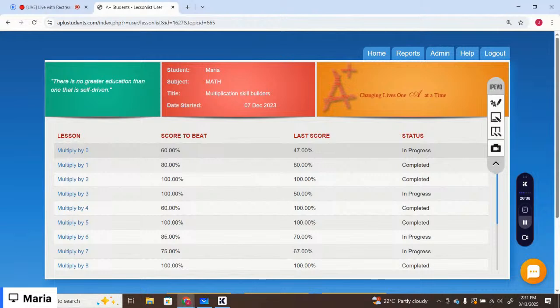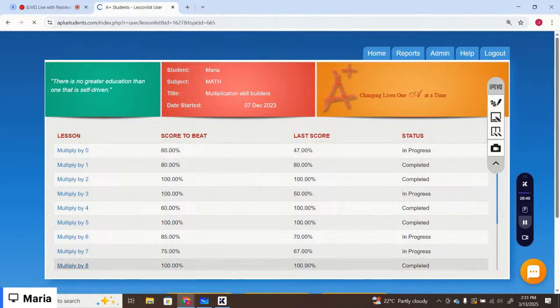The next lesson is multiply by 8. Let's just start with the lesson.